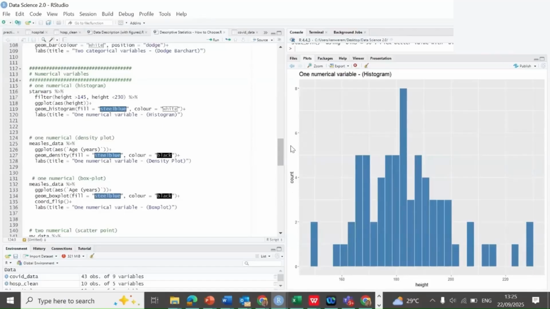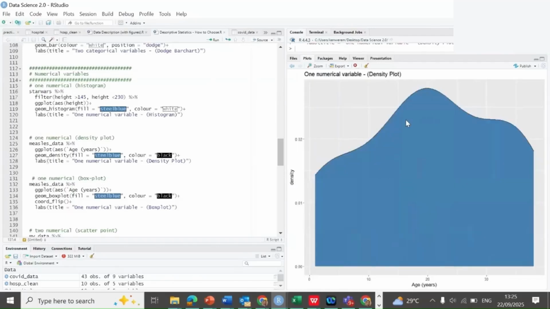You can see height is on the x-axis and then frequency or count on the y-axis. Then next, we're going to see how we use a density plot, again, to describe one numerical variable. So this is a density plot. A density plot is similar to a histogram. It's like a smoothened histogram.